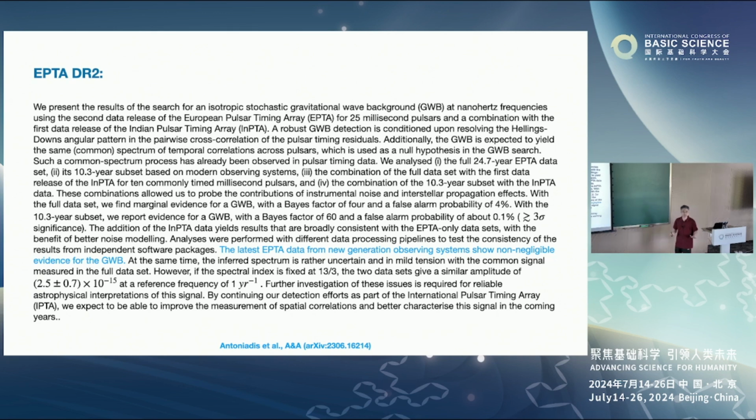They didn't find anything in the full data set. They didn't find any signal of gravitational waves in the full 24.7 years data, but they claim that the latest 10.3 years of data from the new generation observing system shows non-negligible evidence for a gravitational wave background, but they didn't see any evidence for the gravitational wave background in their full data set.